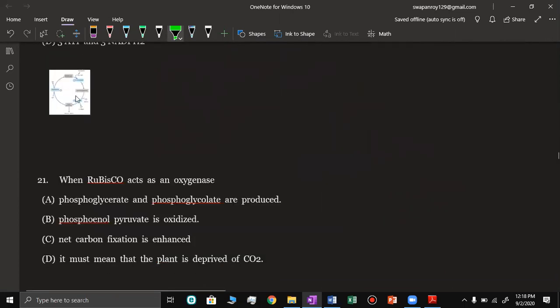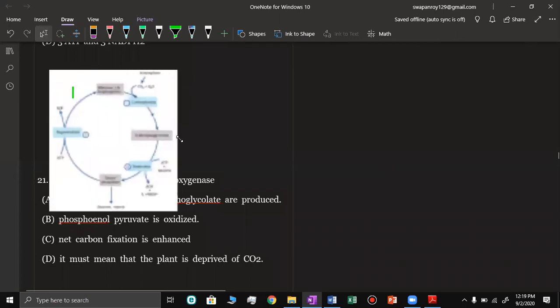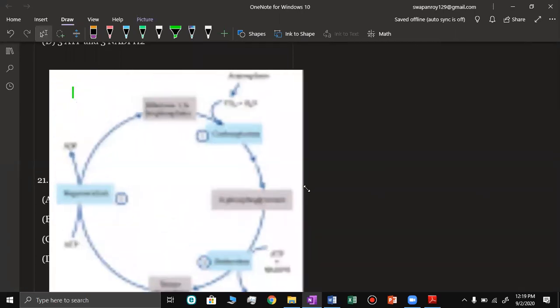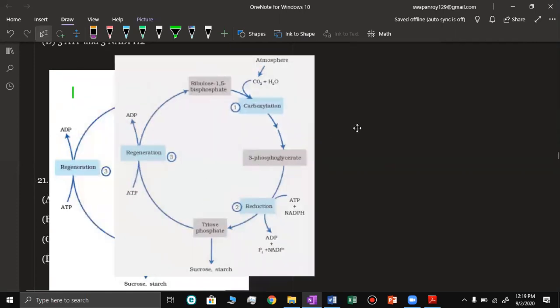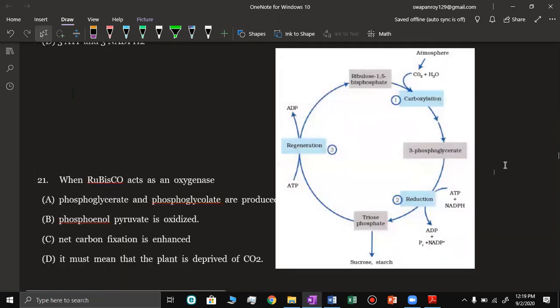This is the abbreviated form of the C3 cycle, which is also known as the Calvin cycle.